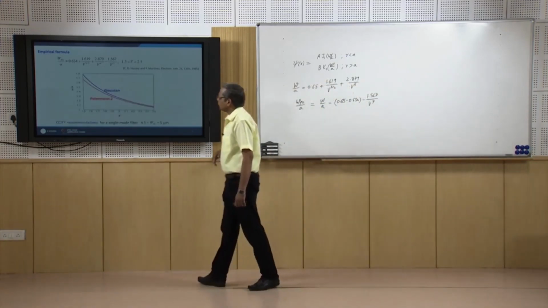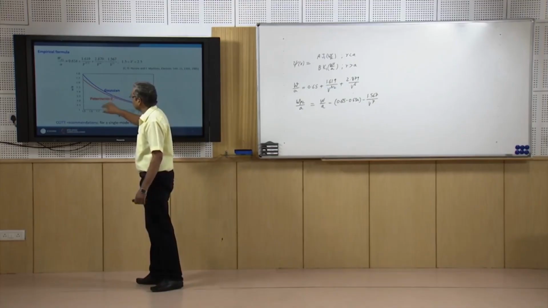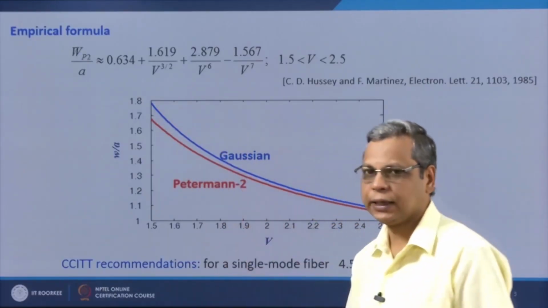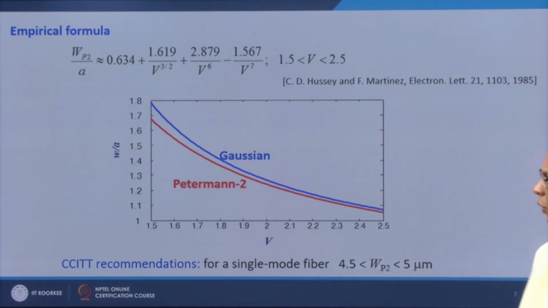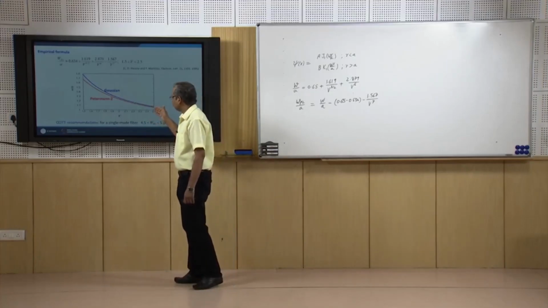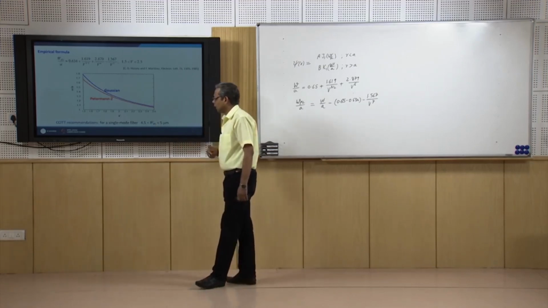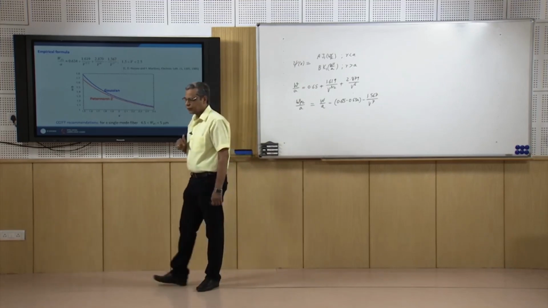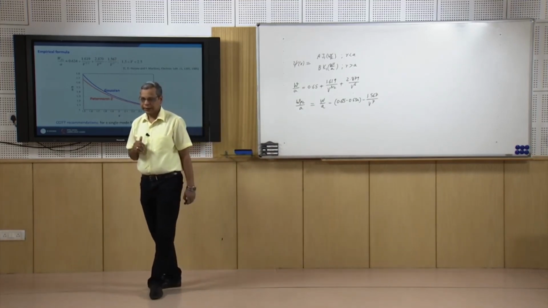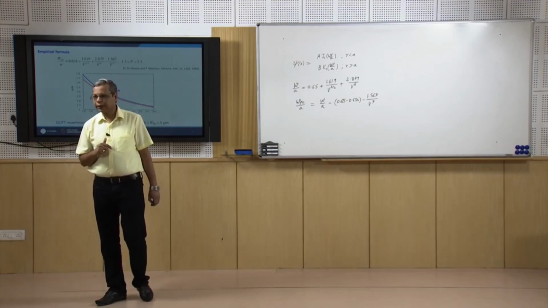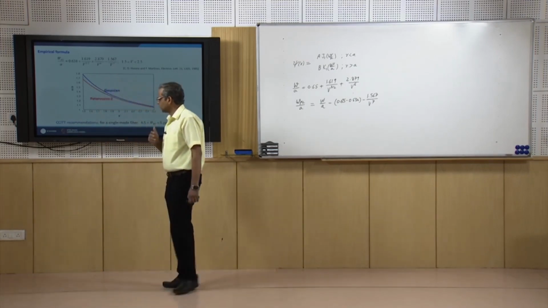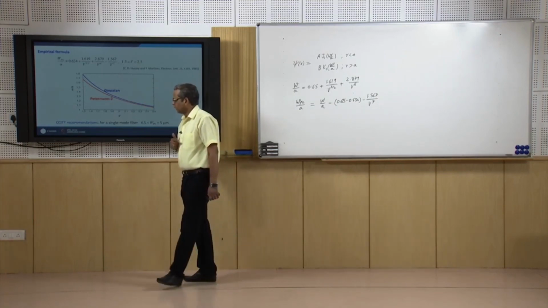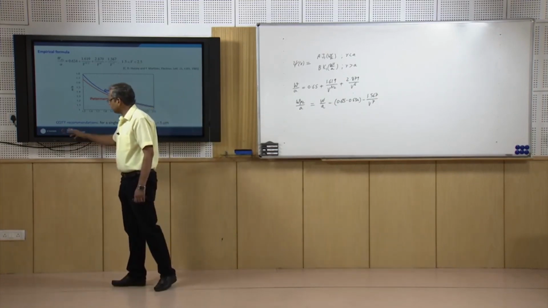So, now I compare the Gaussian spot size and Petermann 2 spot size, and I can immediately see that the difference is large at smaller values of V and it shrinks when I go towards higher values of V. This Petermann 2 spot size is accepted as the standard by a committee which sets the standards for telecom fiber, and this committee is known as CCITT.